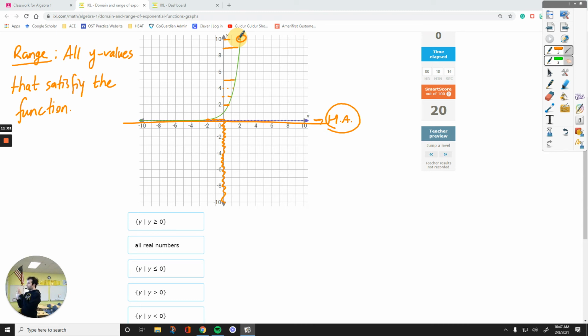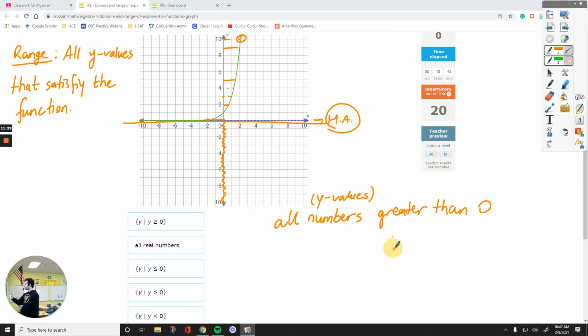So let's just phrase it. All numbers, but this is for the y values, remember? If the answers have anything related to x, we gotta cross it out. There's nothing x related. Okay, all numbers that are greater than 0.